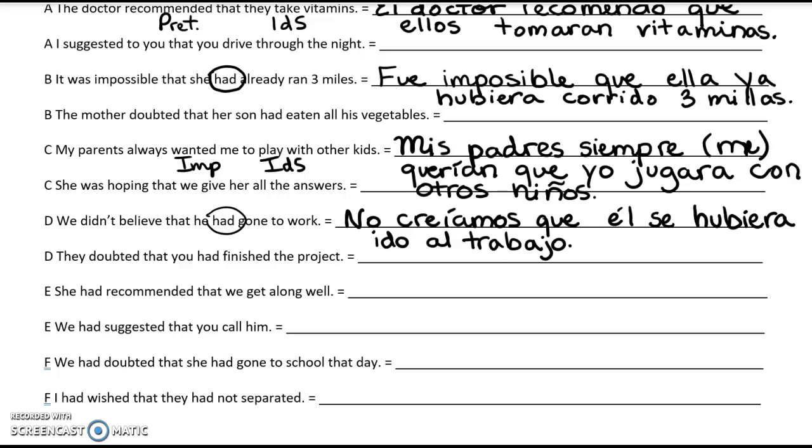Just got 2 more. She had recommended that we get along well. The had is here in the front. So instead of using hubiera, I need to use the form of haber without subjunctive, which is going to be había. Ella había. Then my recommended verb is going to be a participle. Oops.